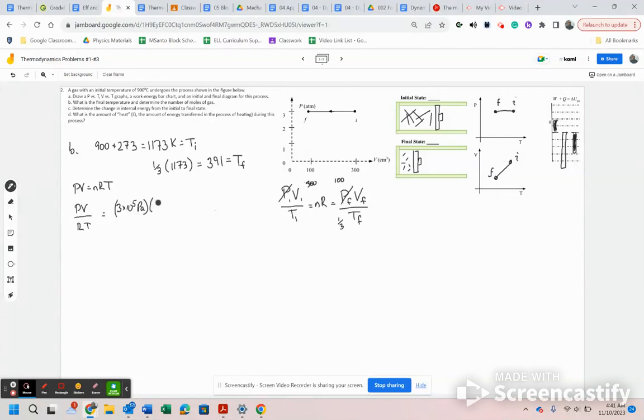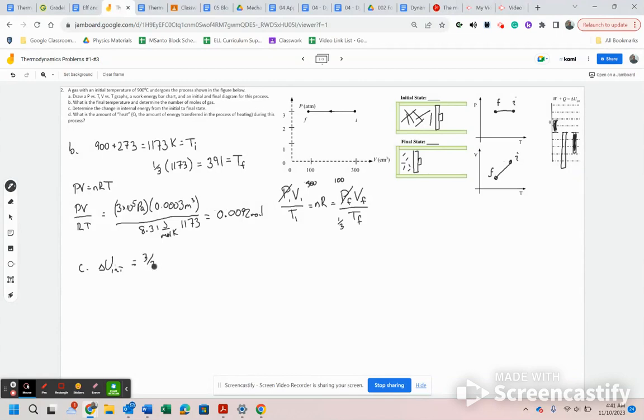Looking at the conversion from the last problem, this is going to be 0.0003 meters cubed divided by 8.31 joules over moles times Kelvin times the temperature initially, 1173, which will give us 0.0092 moles.